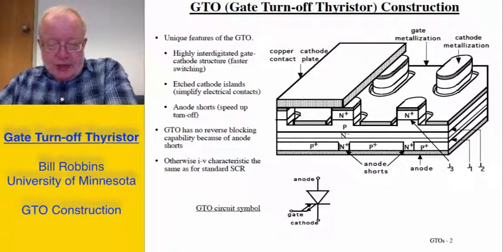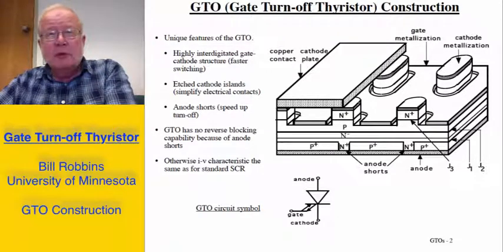This structure speeds up the turnoff capability of the GTO, as I'll explain somewhat later, and as a consequence of this N+ structure, the GTO with an anode short has no reverse blocking capability, because if there was a blocking capability, it would be this junction J1, because junction J3, which could be a blocking junction, we know has a very low breakdown voltage because of the fairly heavy doping on the N and P-type sides, as we discussed earlier when we were talking about the standard SCR.